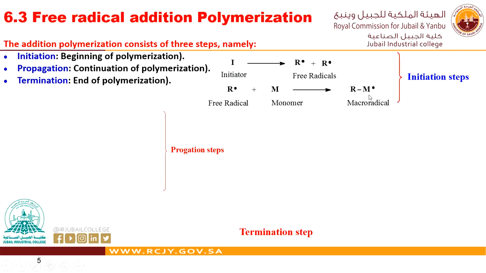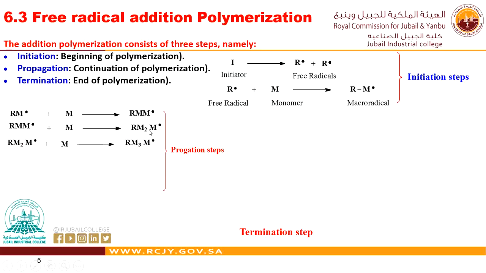Now this macroradical will react with another monomer to become a dimer with a free radical. So you have RM dot plus M will give you RMM dot. This continues. Another monomer adds to that, becomes what? Trimer, RMMM dot, and then it continues.